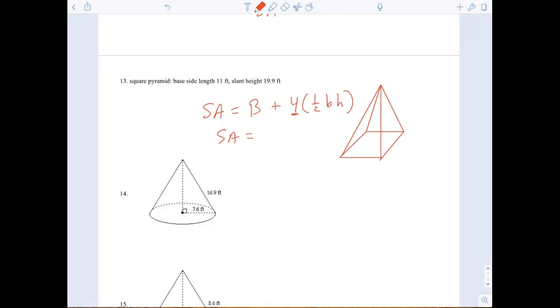That's 4 triangles. Like what I'm showing you, the walls. There are 4 triangular walls. You see what I'm saying now, right? Everybody agree? And the side length is 11. And the slant height, which is this guy right here, is 19.9.